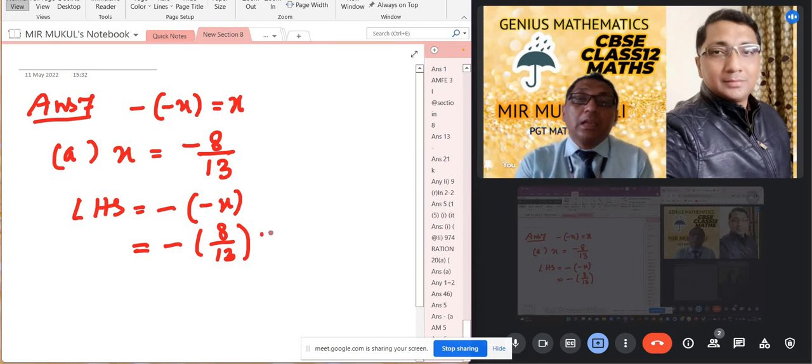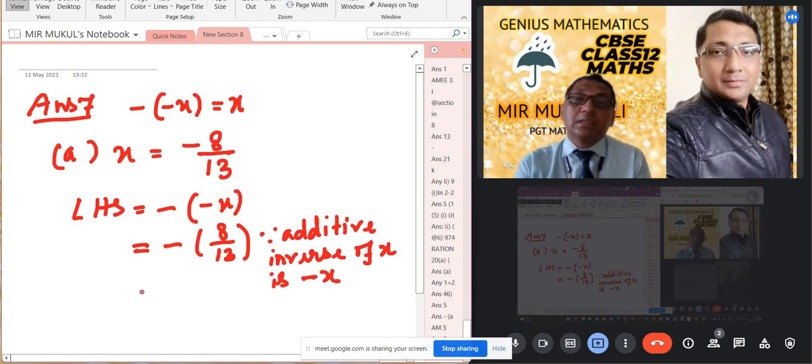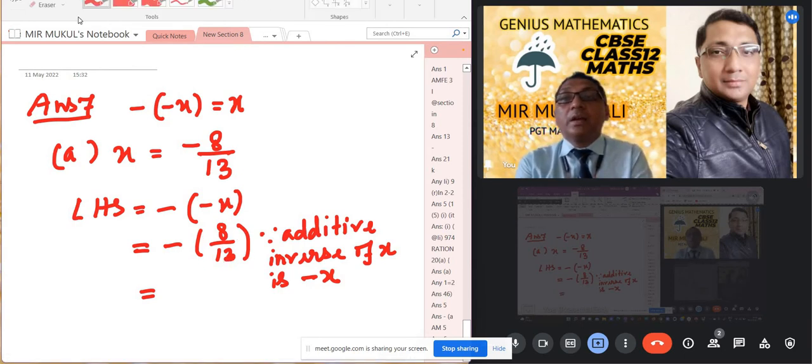Okay, since the additive inverse of x is minus x, again the additive inverse of minus 8 by 13, here 8 by 13 it is.